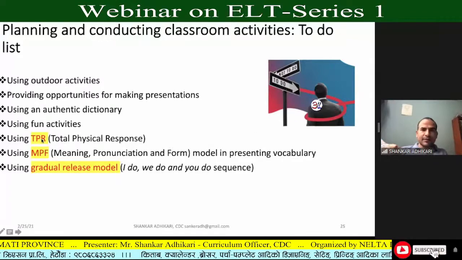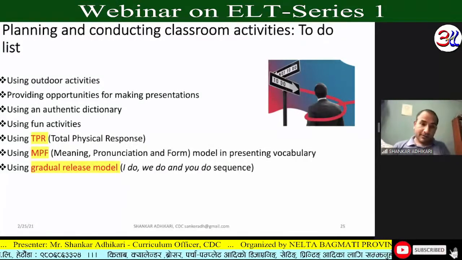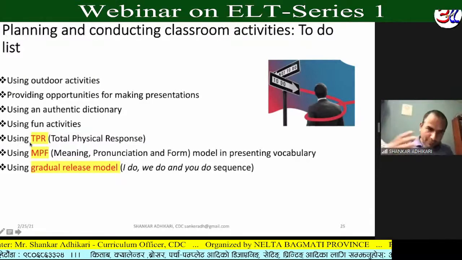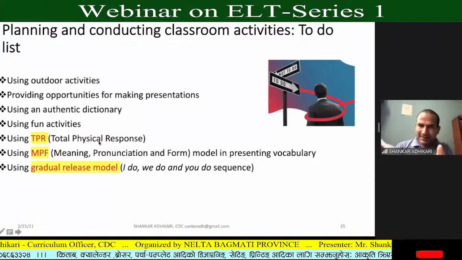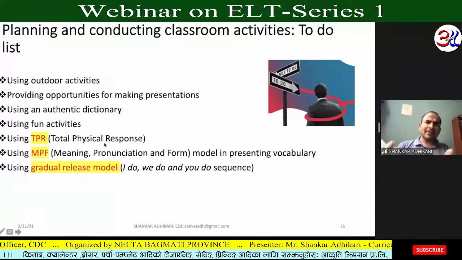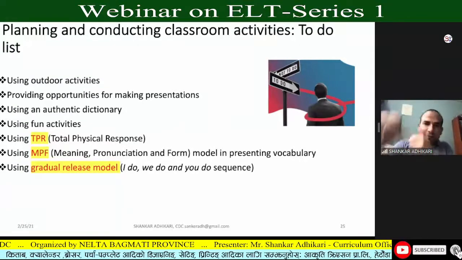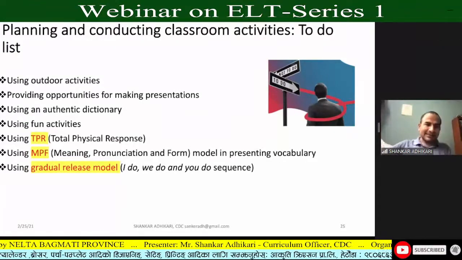And there comes the point: physical response. Total physical response, I know that you all understand TPR. Can somebody explain this in a very short form? For example, what do you do during TPR in your class? How do you use that?